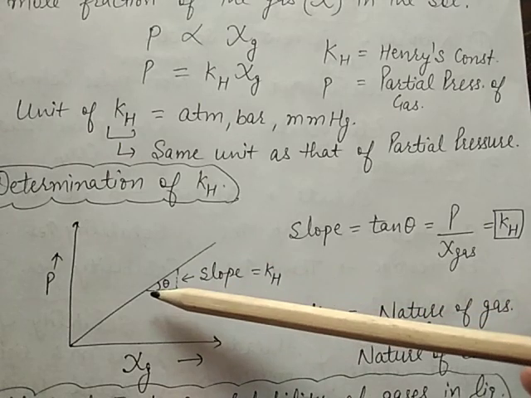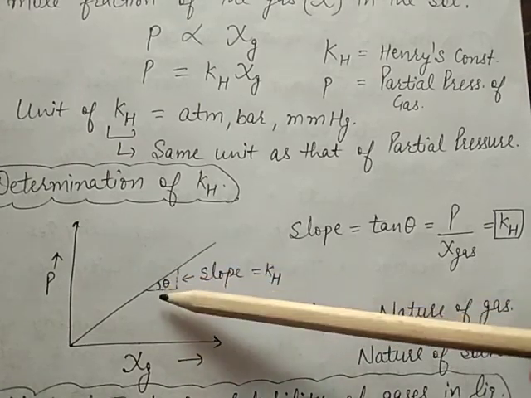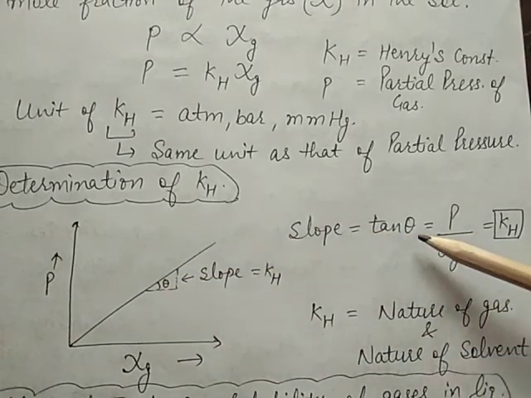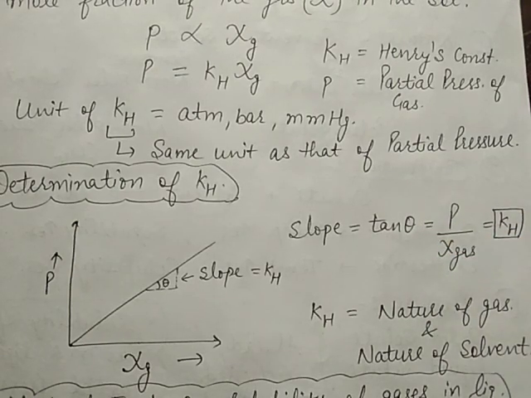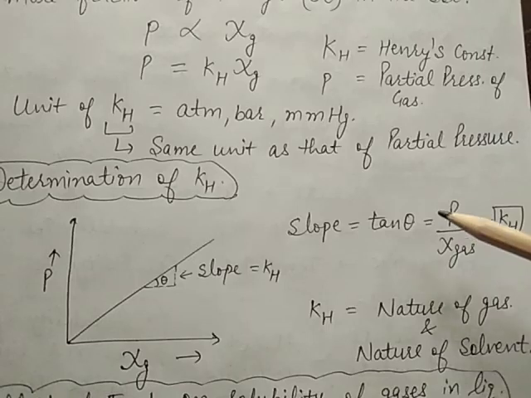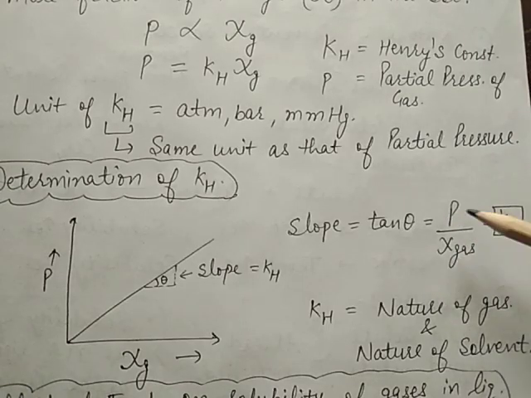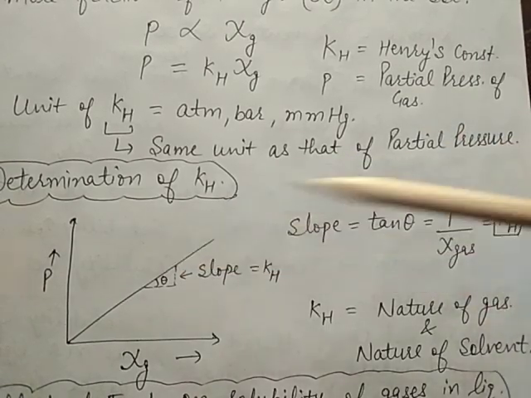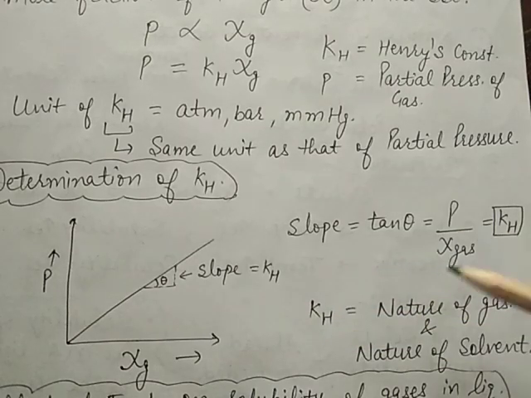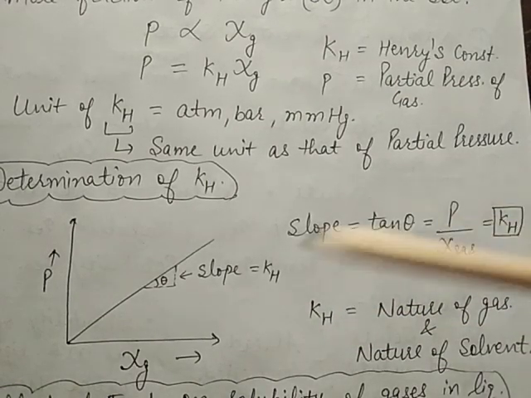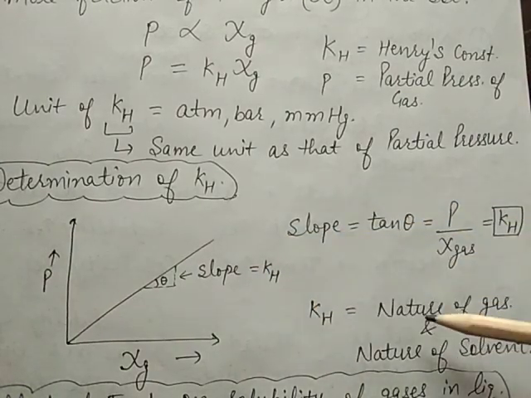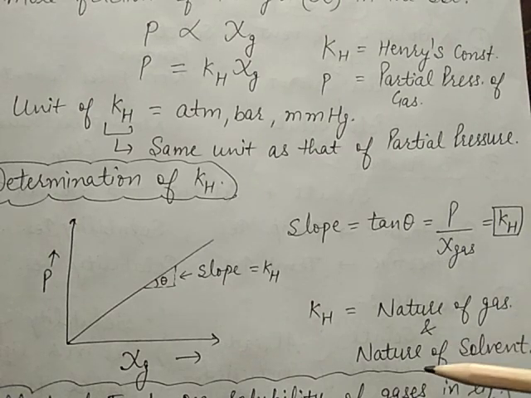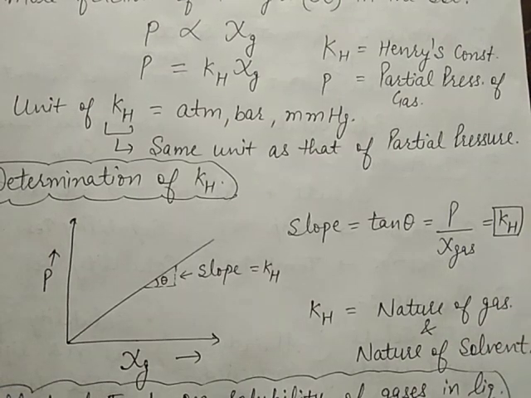There is a slope, tangent theta. Tangent theta is equal to perpendicular by base. Perpendicular is partial pressure, base is zeta, the mole fraction, that is equal to Kh. It means slope is equal to Kh. Kh depends on the nature of the gas and the nature of the solvent.